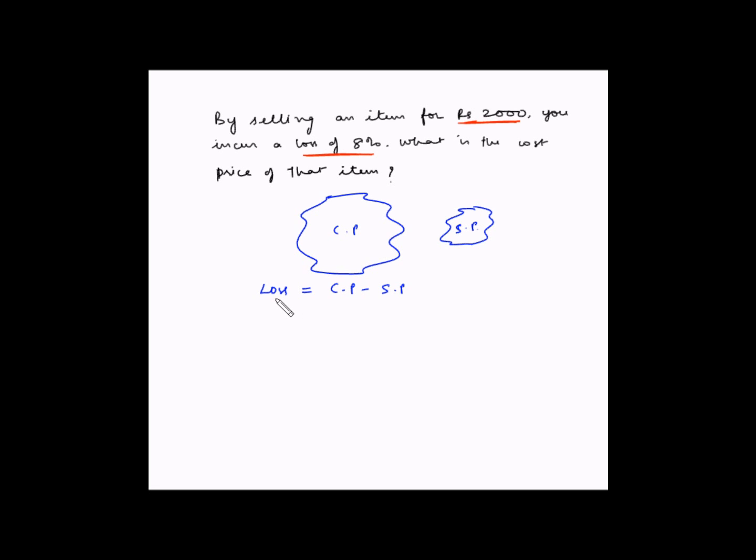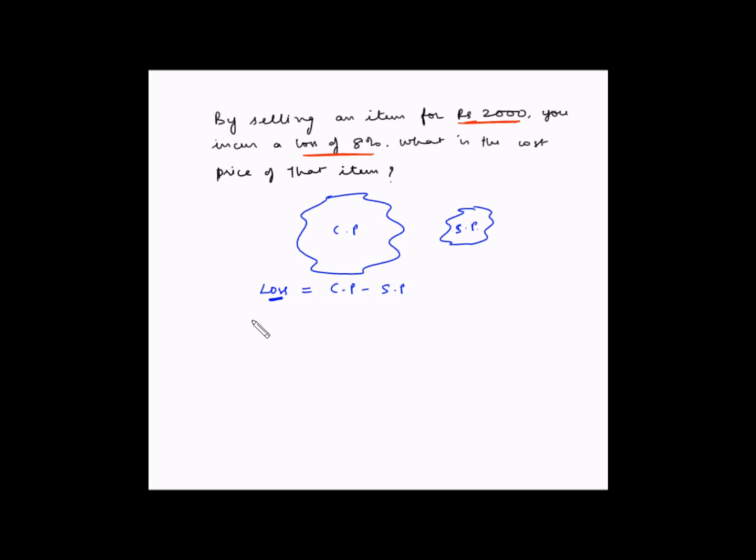So here loss is expressed in terms of the absolute amount or the rupees. So loss in terms of rupees is equal to the cost price in terms of rupees minus the selling price in terms of rupees. But we have been given loss in terms of percentage. So we'll have to express this percentage in terms of absolute rupees.